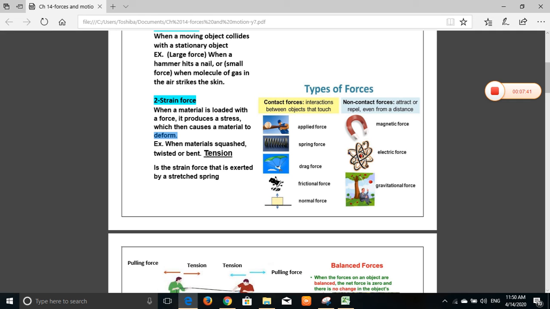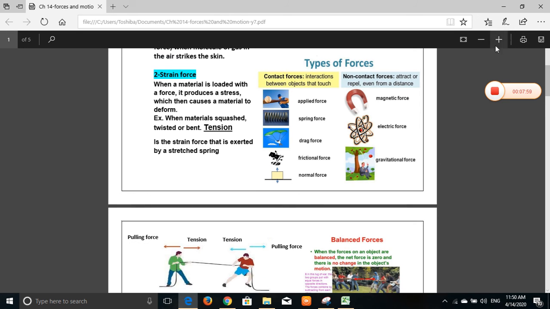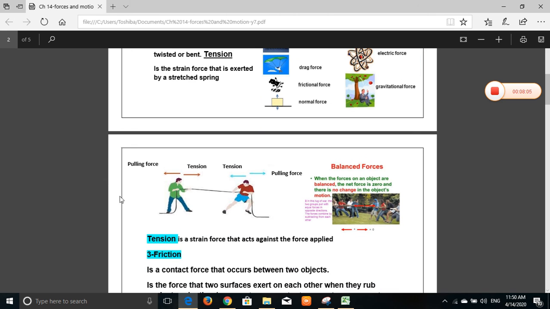We have a type of strain force called tension. Tension is a strain force that is exerted by a stretched spring. In this case, I can say spring force. Look at the two boys.